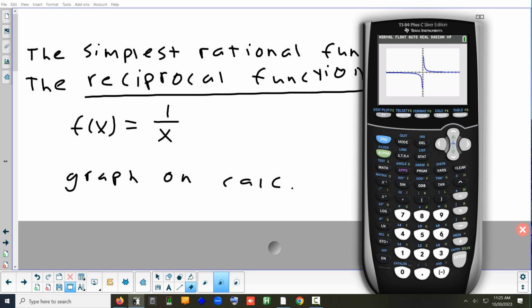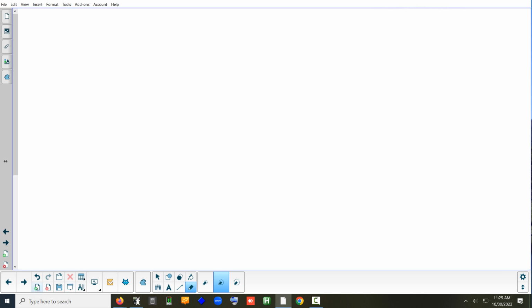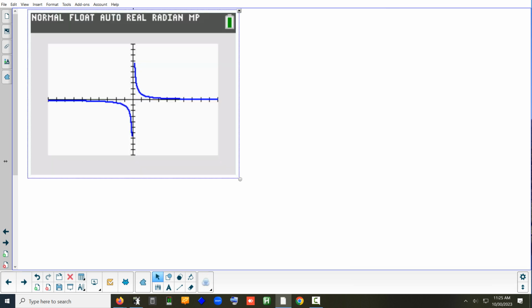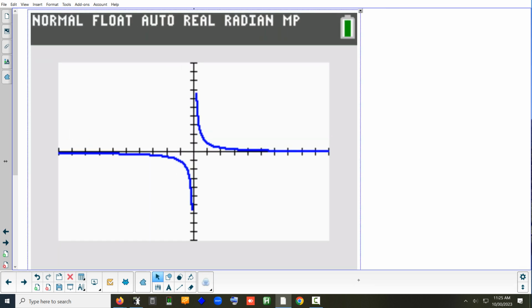All right, so the calculator does a pretty good job. It's not exactly what it looks like. Okay, so there's your sketch. But the way the calculator did it, it almost looks like it stops going up and it stops going down. It doesn't.